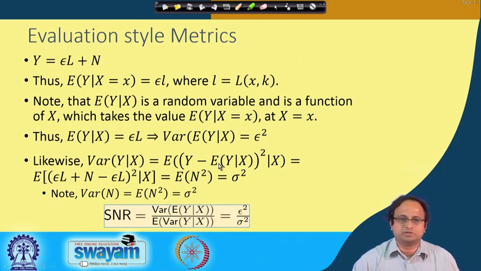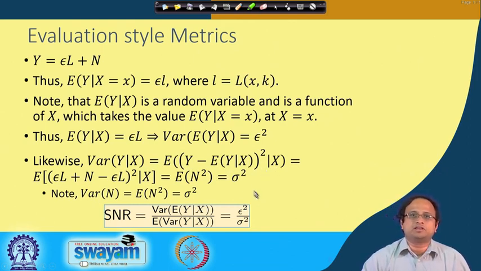It is essentially the deviation from the mean. Now we are calculating the conditional variance, so this is the corresponding adaptation of the formula. If you simplify this, you will get the expectation of y square given x minus the expectation of y given x whole square. I leave this to you as an exercise to verify.